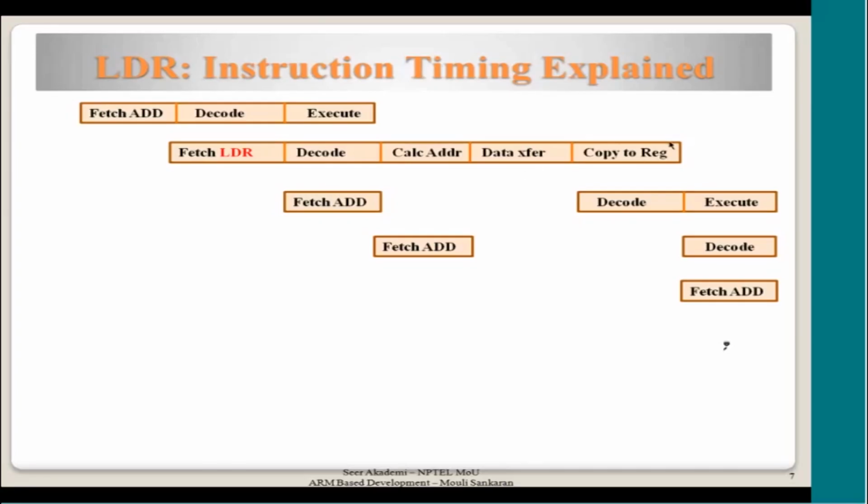Now what does this one more cycle do? This is actually moving the data which comes in from the memory into the data in register. If you recall, in the data path there is a data in register at the bottom where the memory loads the value. Now it has to go through the ALU and then get written into the register. I have already explained it. See, this is the register which is RD.